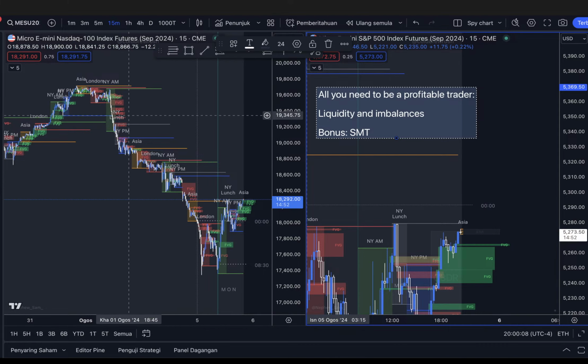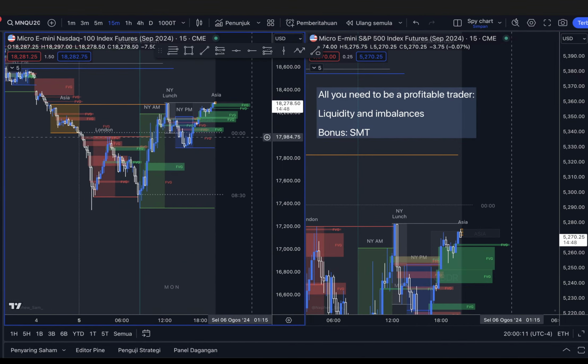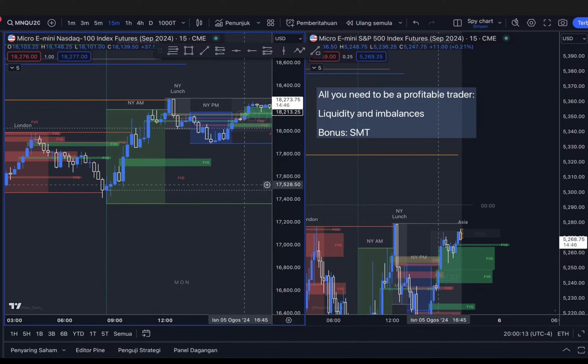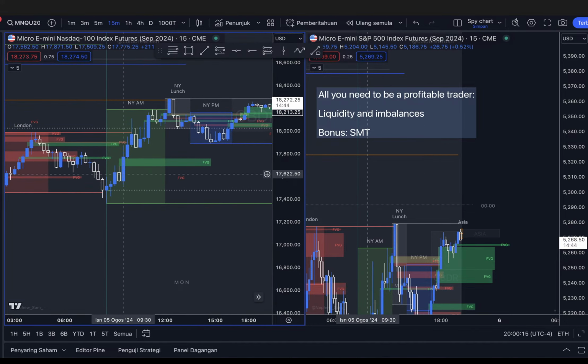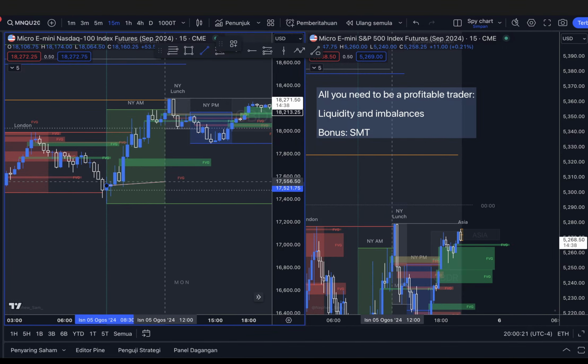So today I did our strategy where we start on the 15-minute and wait for a liquidity sweep. Let's see where the 9:30 candle was in here. I marked out this liquidity on this blue candle for sell side.